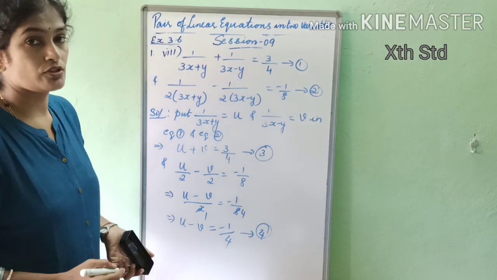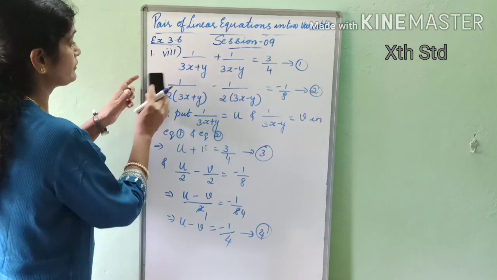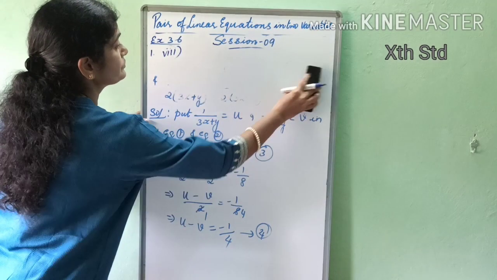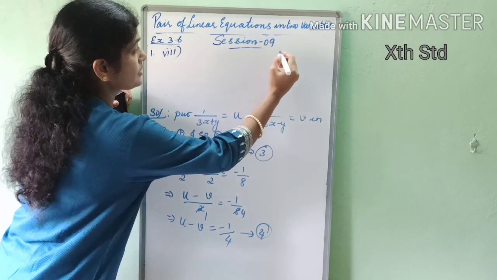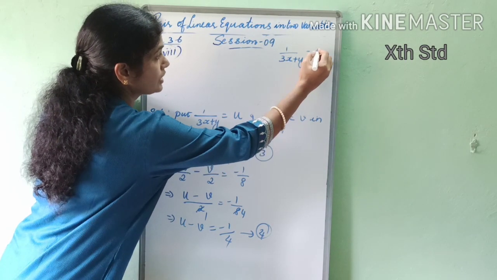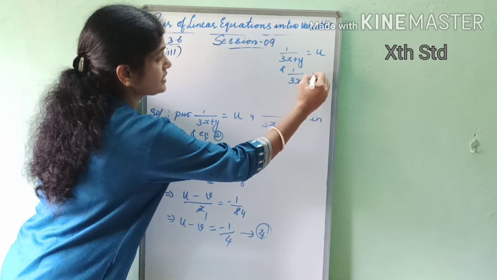Right. So this is your equation 4. Now we will try to solve equations 3 and 4. But this substitution we have to keep in mind, what we have substituted. So I'll write it here. We have taken 1 by (3x plus y) as u and 1 by (3x minus y) as v.